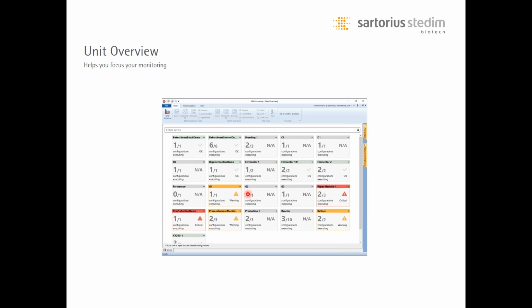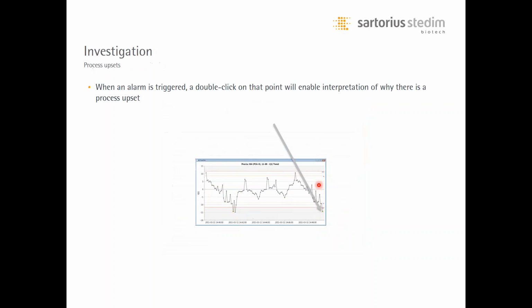And what's nice about this is that these boxes are clickable. So you can actually go in and click on any one of these, and that will bring you into a particular plot for that unit which shows the deviation. So when an alarm is triggered, just in that plot itself, you can then double click on that point to drill into the contribution.